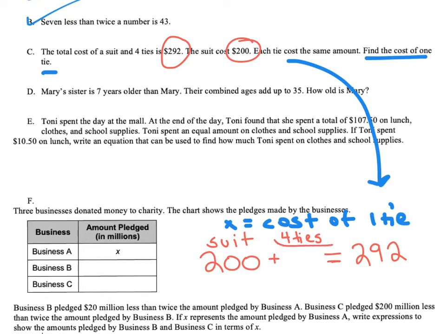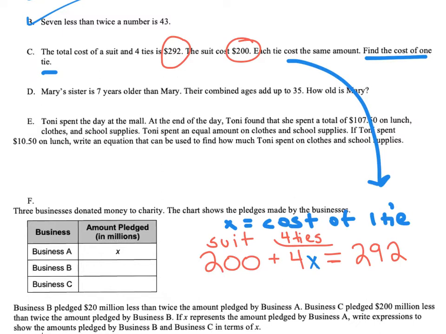So the way I'd represent the 4 ties would not be 4, because I don't know what the cost of the 4 ties represented to make up that total amount of $292. The way I would represent my tie cost would be the 4 ties times the cost of each one.